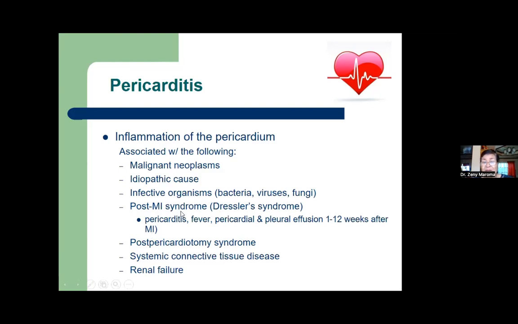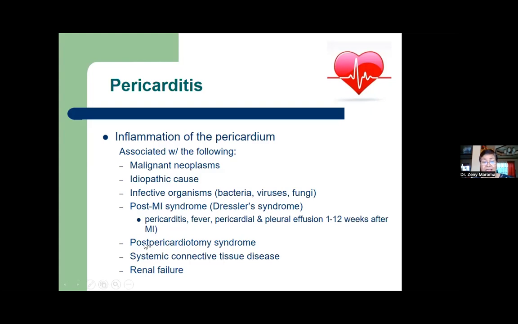Post-MI syndrome. Okay, this means the client had an acute myocardial infarction, so there's necrosis of the heart muscle. Necrosis means there are dead cells. And therefore, it causes irritation and inflammation of the pericardium. So, that is called Dressler syndrome. Okay.